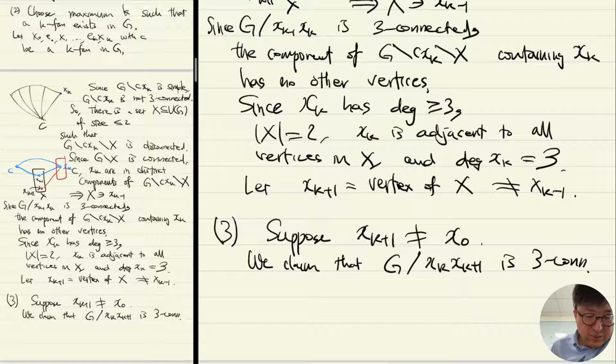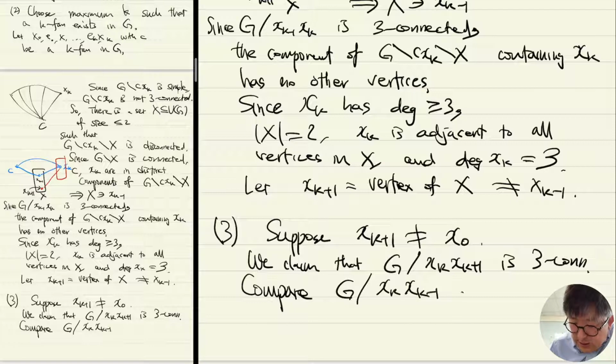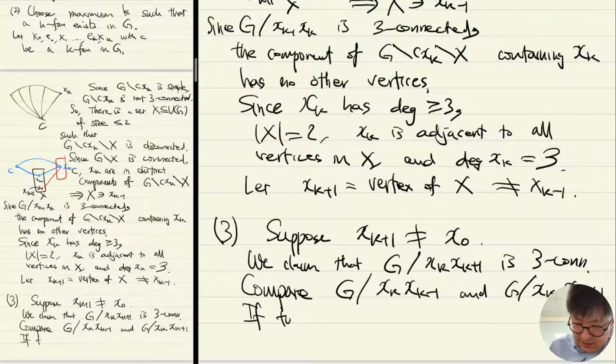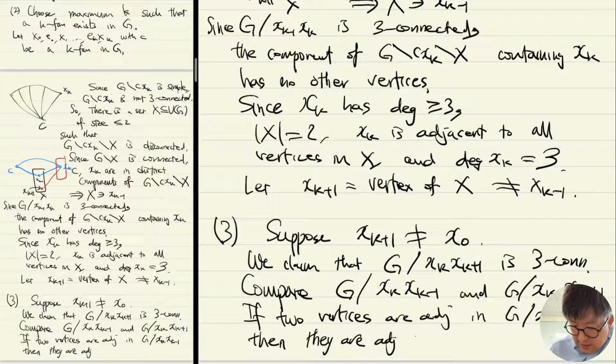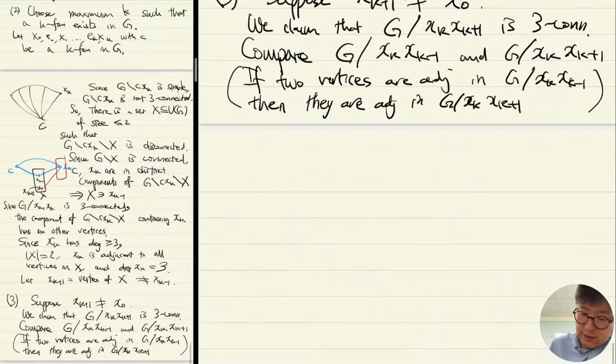Oh, but actually we have seen it already, right? Just compare G contract xk minus 1 and G contract xk plus 1. If two vertices are adjacent in G contract xk minus 1, then they are adjacent in G contract xk plus 1, right?